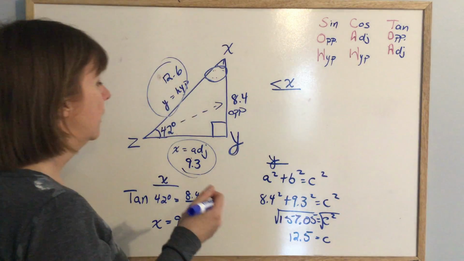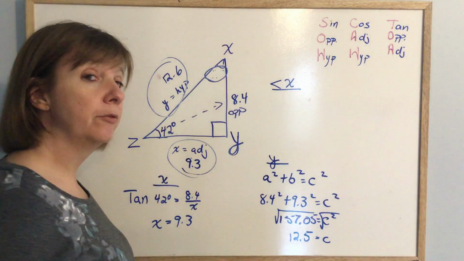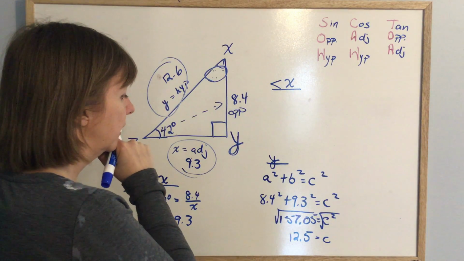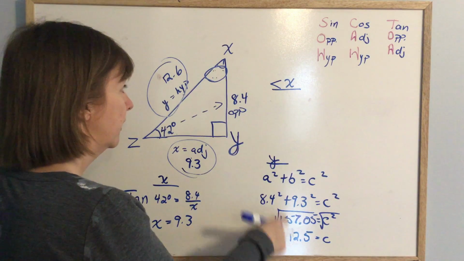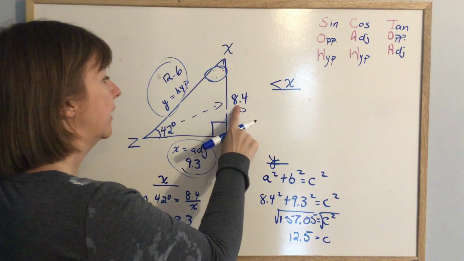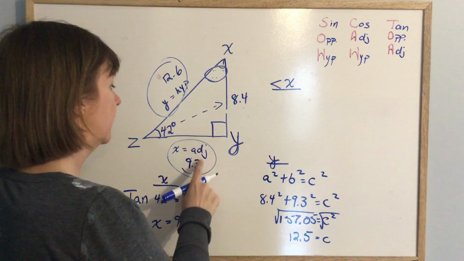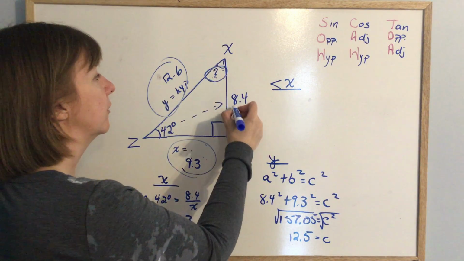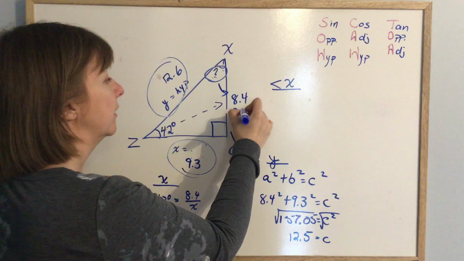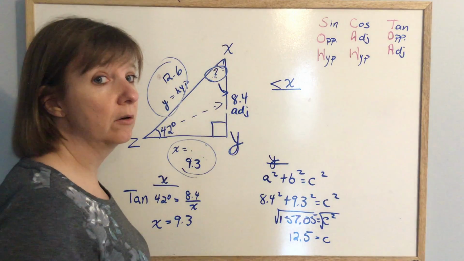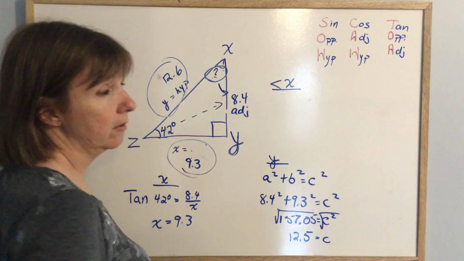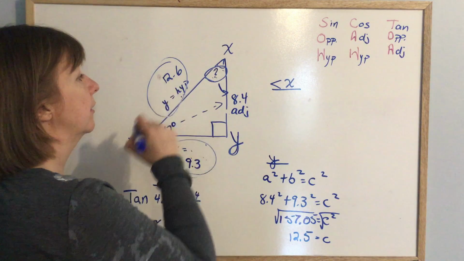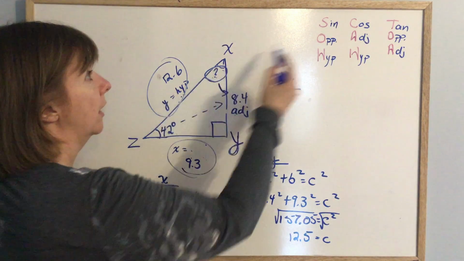Assuming that I'm confident in my answer, if I'm now looking for this angle, this side is now adjacent. It's no longer the opposite because I'm now using this angle as my reference angle. But this side is still the hypotenuse. So adjacent and hypotenuse would be cos.